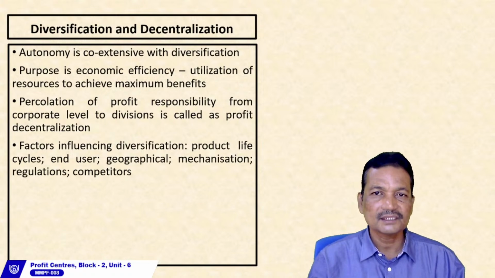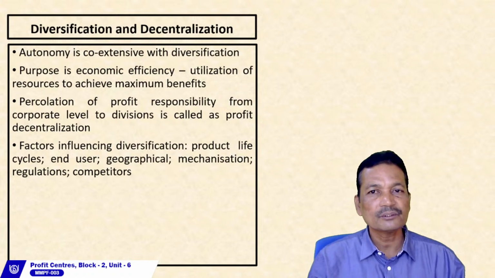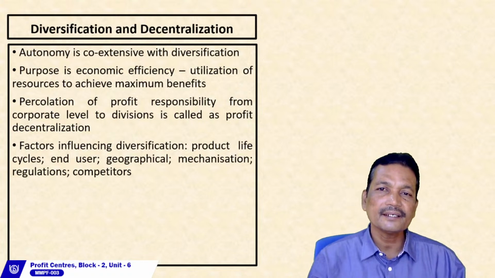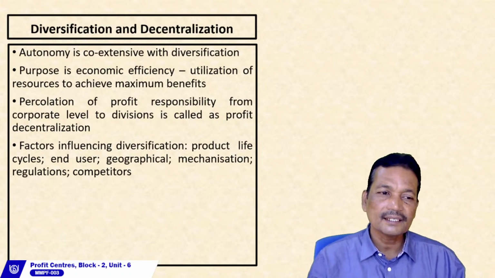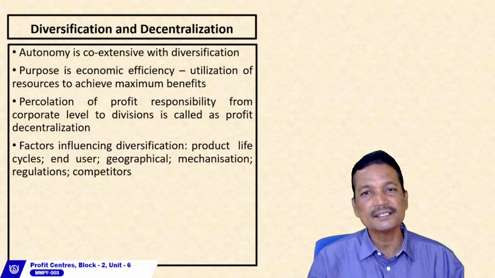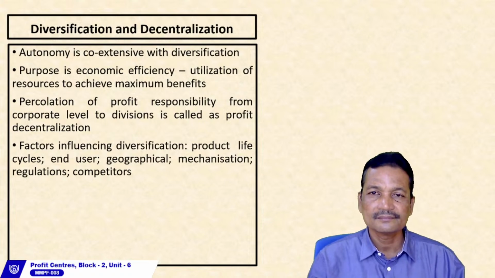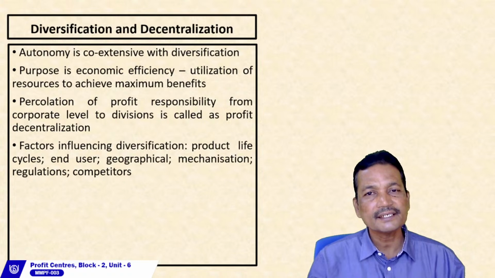Similarly, competitors. We know that certain products have very high competition. So there it may be difficult for the organization to generate profits. So what we shall do over there?